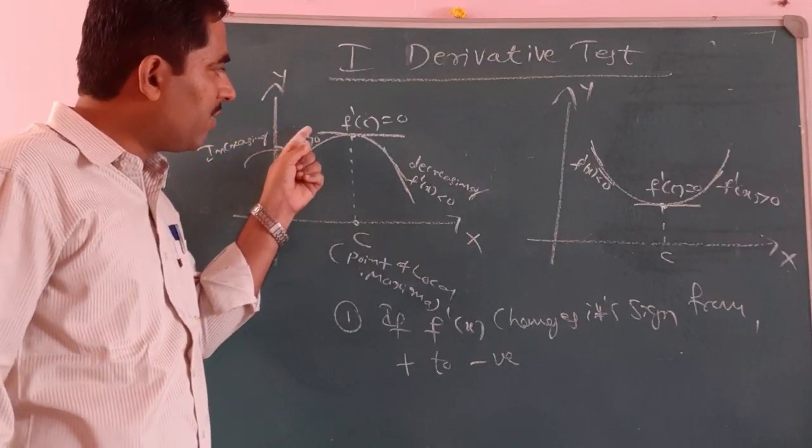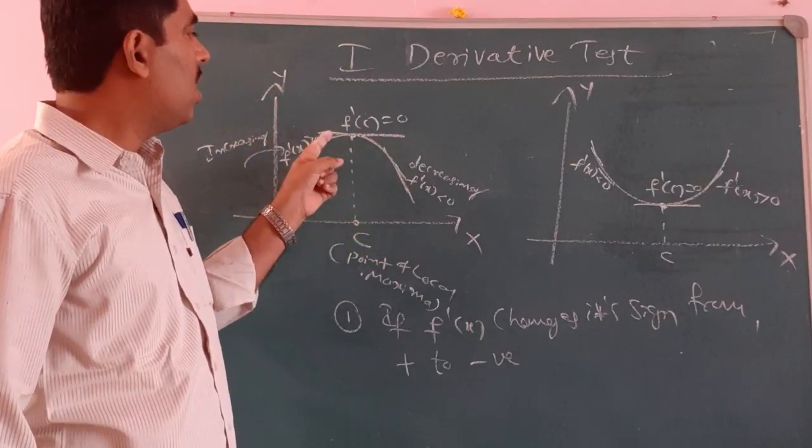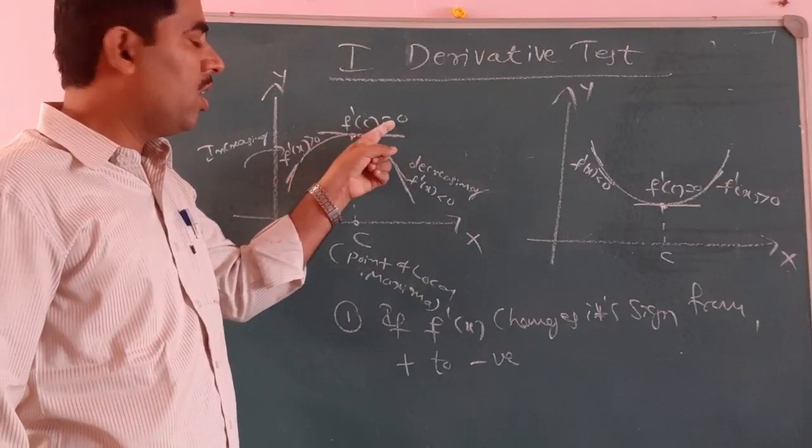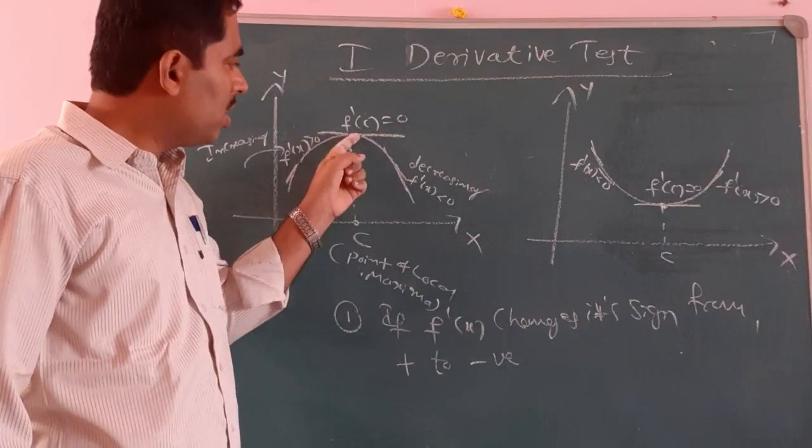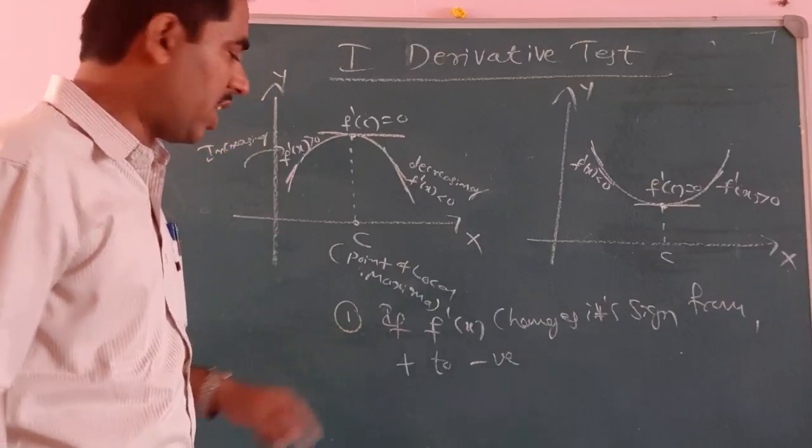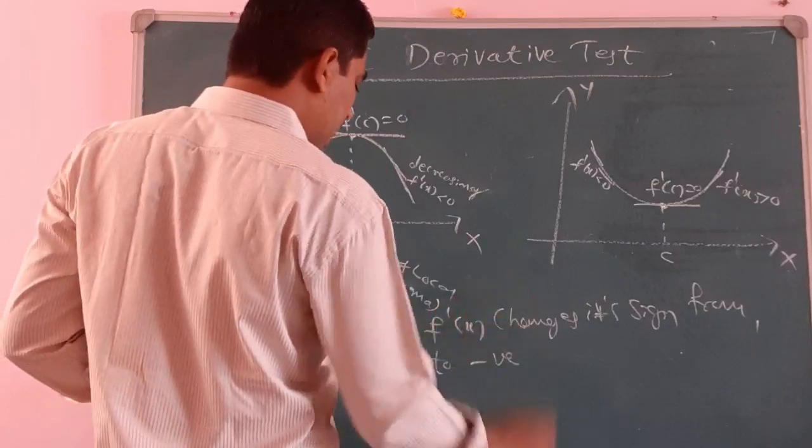Then it changes from positive to negative. During this process it attains this point where the derivative is 0, then once again it decreases. So that is the first case, changes its sign from positive to negative.